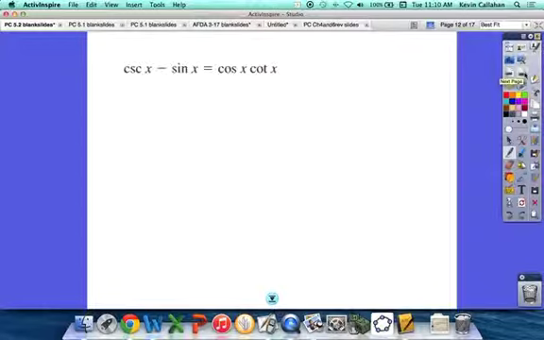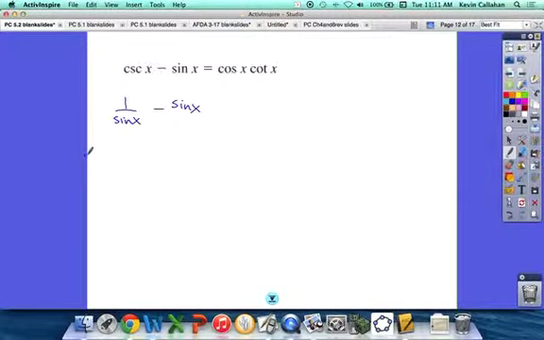Again, if we're going to do the same thing with this one, probably we're going to work on the left-hand side. What am I going to do on the left-hand side? Change cosecant, right? So that's 1 over sine minus sine x.